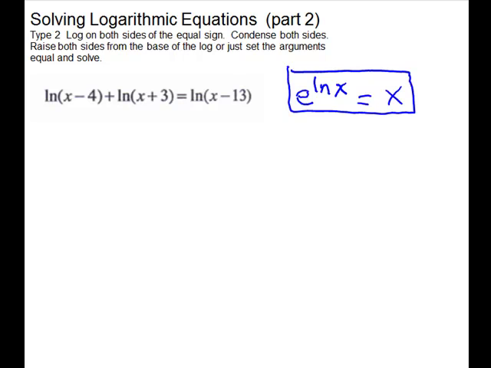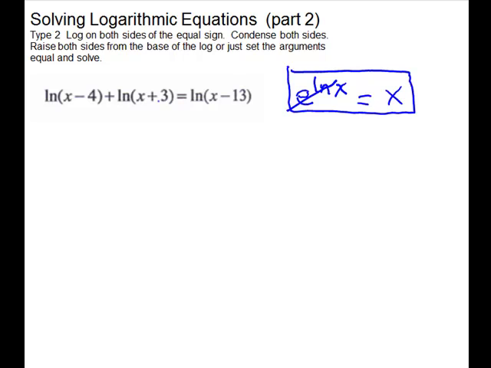Our next problem uses natural log. It still obeys all the logarithm properties. It's just a logarithm base e. And so this is our property from earlier. This is the same base on this log as the base here, and they will cancel and just leave you the x. So we need just one log on each side.